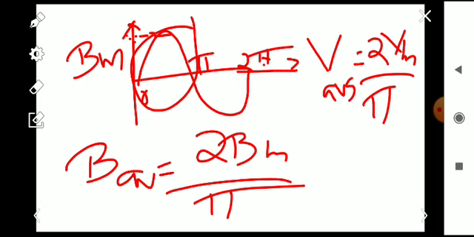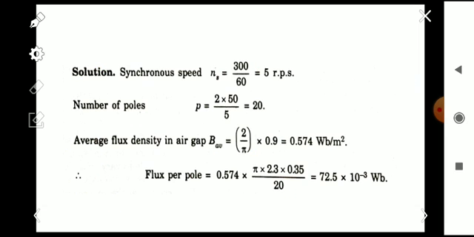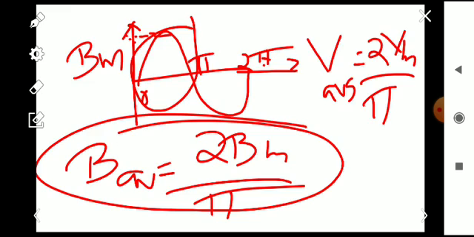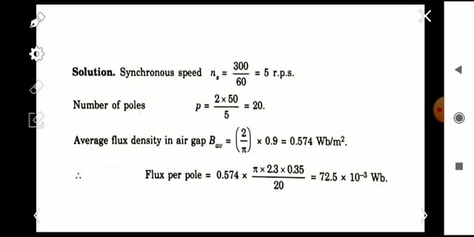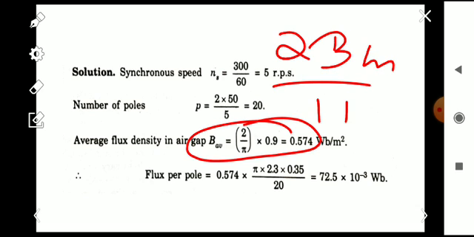Likewise here, B average will be equal to 2 Bm by pi. I hope it's clear. So Bav is equal to 2 into Bm by pi.